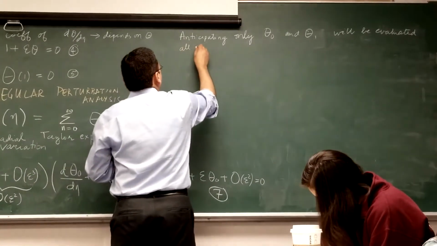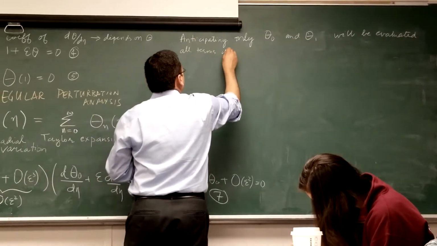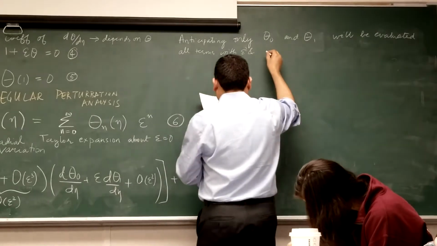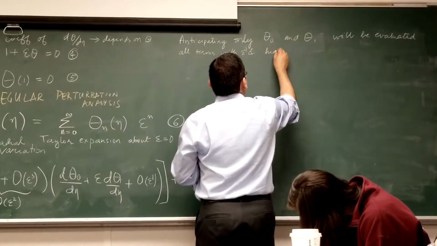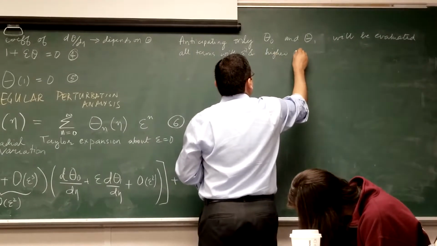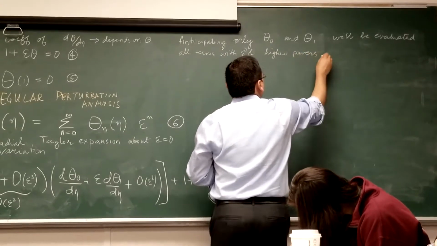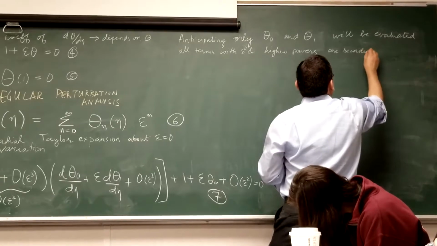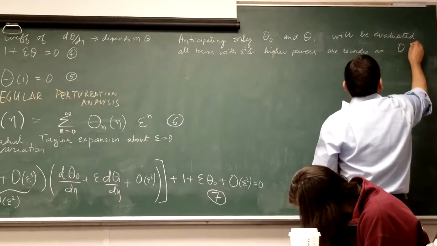All terms with epsilon squared and higher powers are recorded as order epsilon squared.